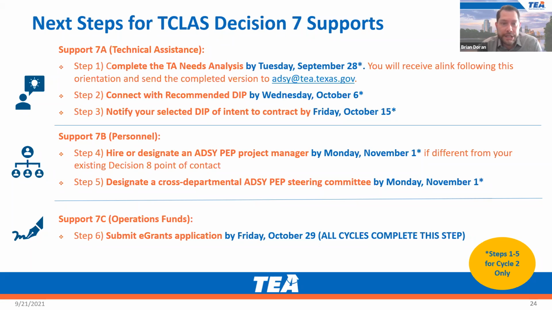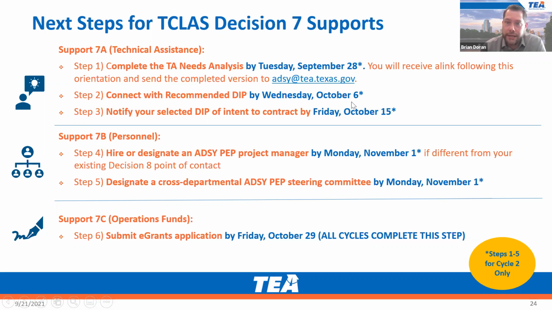And then support 7C is operations funds. So everyone, including cycles 1, 3, and 4, will need to apply and submit their EGrants application by Friday, October 29th in order to receive those funds. This EGrant step applies for receiving the funds for all 3 of these steps.